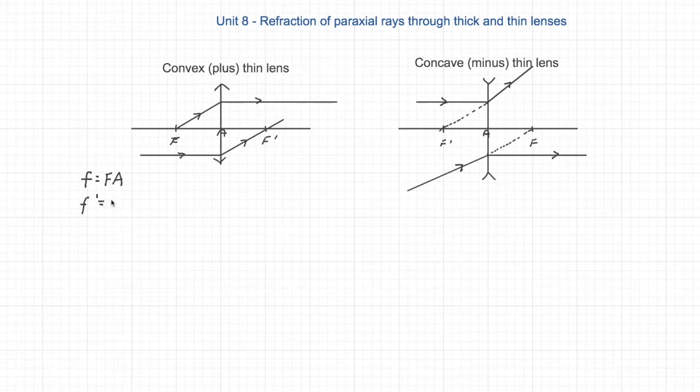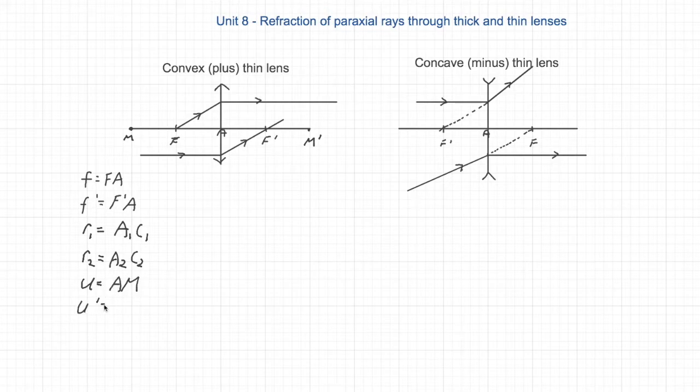Now we define lowercase f as the focal length, the distance from F to A. Lowercase f prime is the secondary focal length, the distance from F prime to A. R1 is the radius of curvature of the first surface from A1 to C1, and R2 is the radius of curvature of the second surface from A2 to C2.